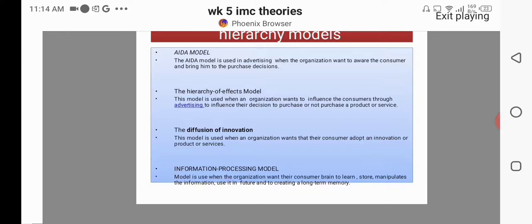The hierarchy of effect model is also used to set up a structured series of advertising message objectives for a particular product, to build upon each successive objective until the sale is ultimately made. So these messages are continuously sent by the organization until the consumer starts making purchases.